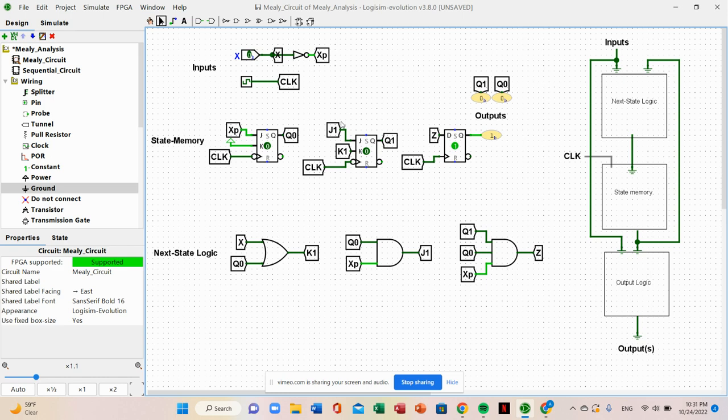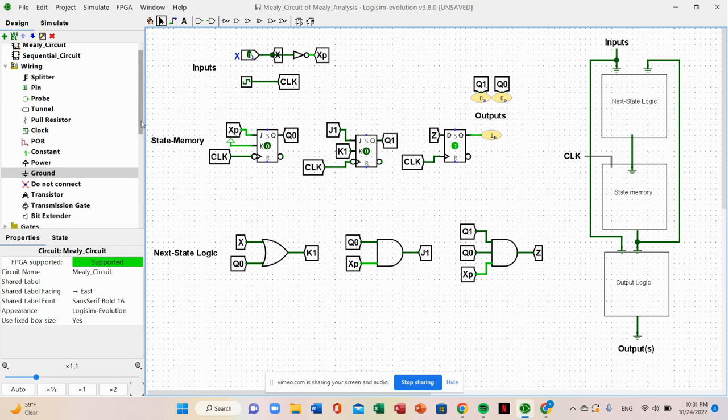And tunnels allow you to transmit signals without the use of wires, like I said. To use the tunnels, you just have to go to wiring right here, and you find it right below the probe option.